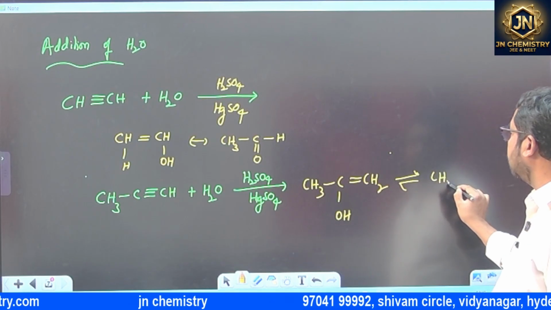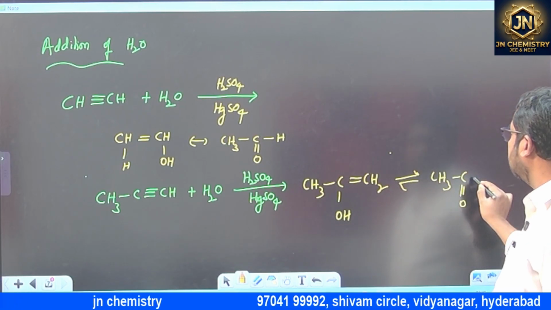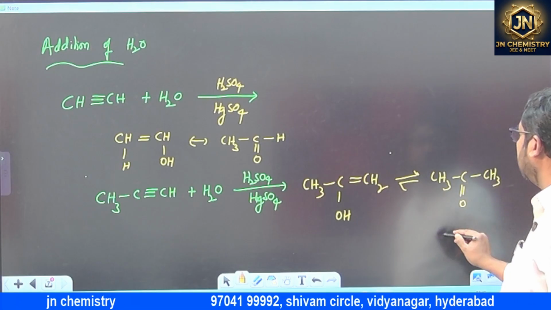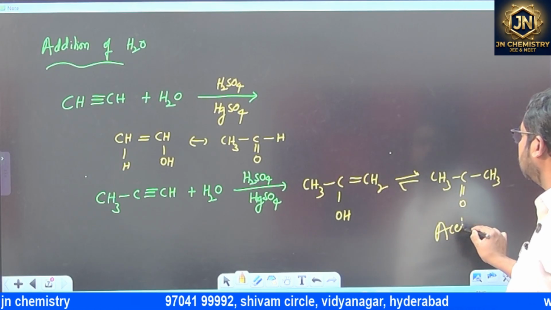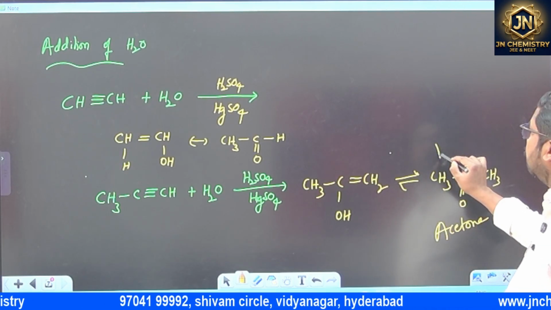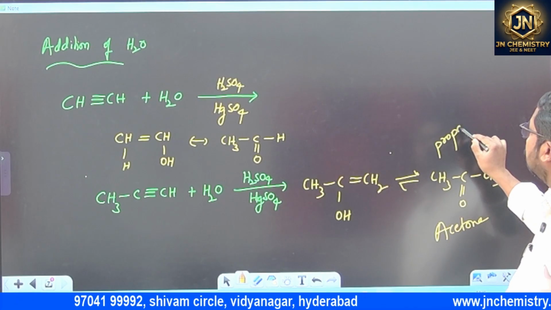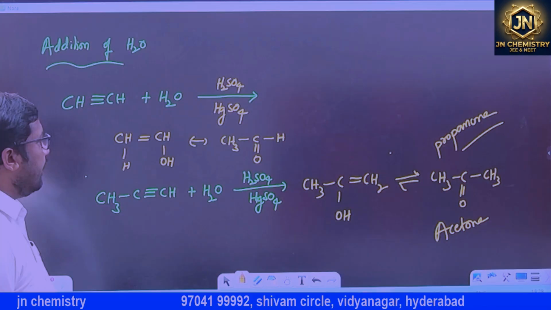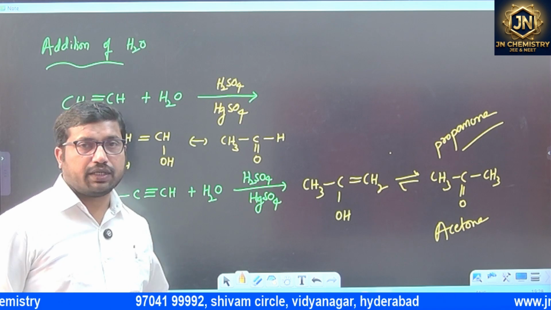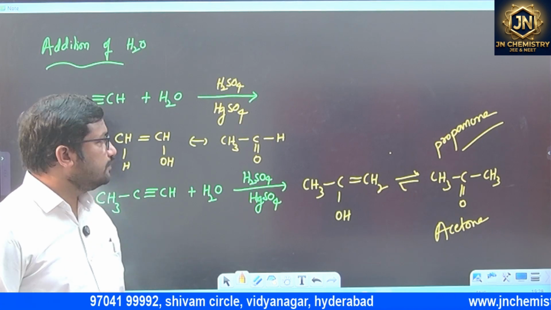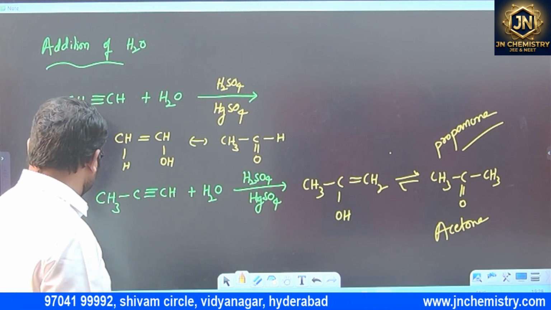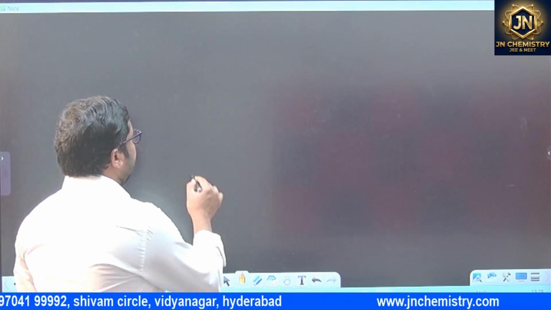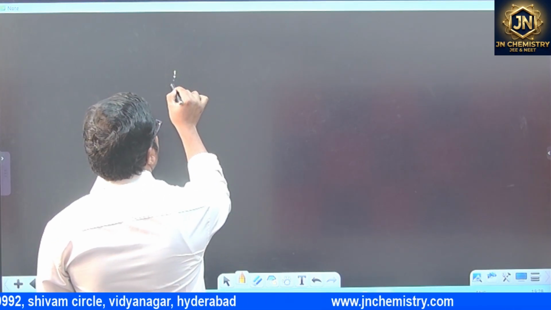If it converts to the ketone form, CH3, C=O, CH3. Acetone, or we could say propanone. Propanone or acetone. So keto-enol tautomerism, of course, you people know, right?